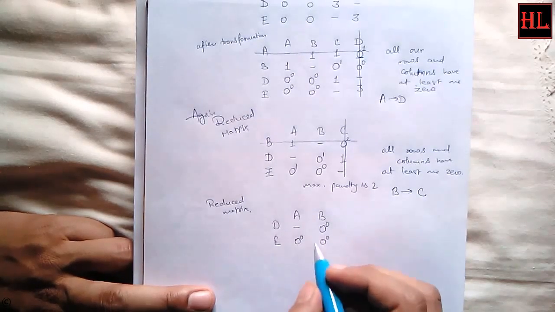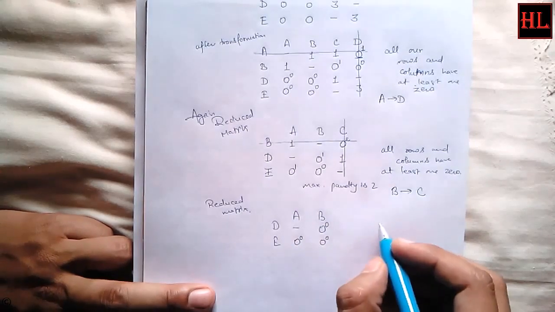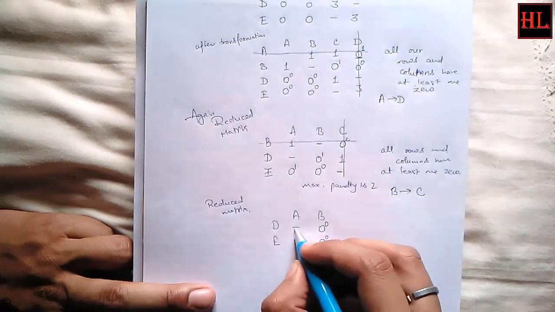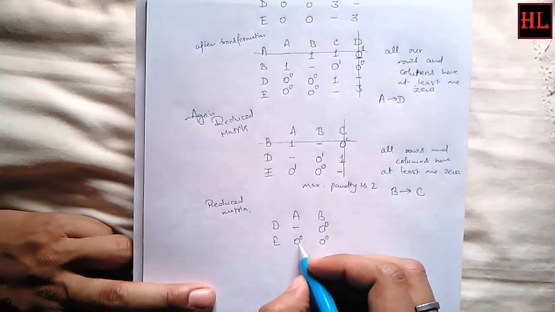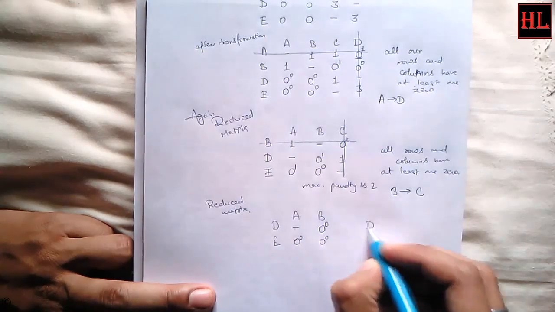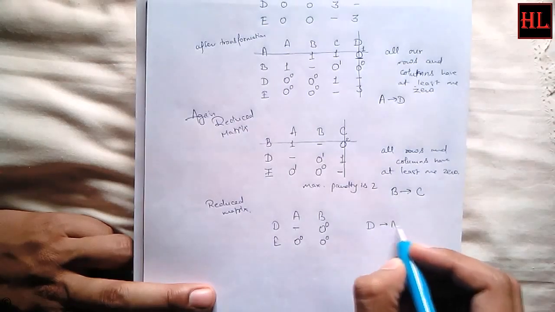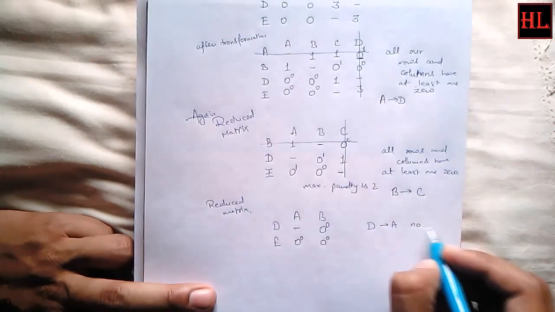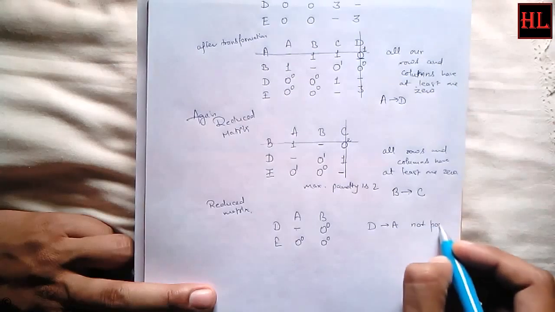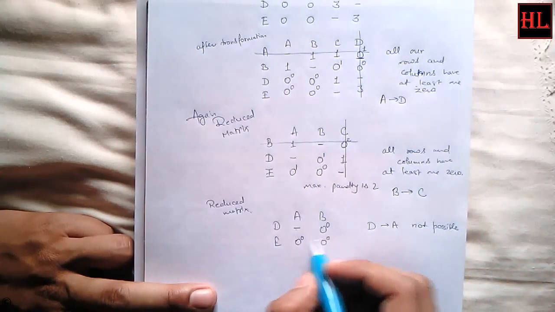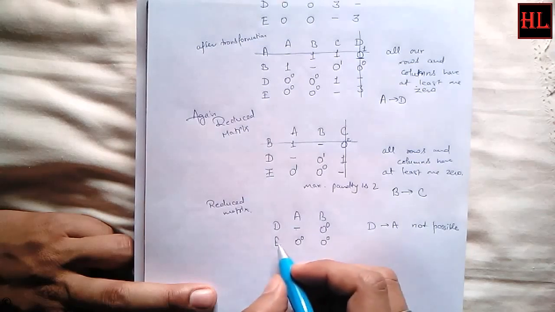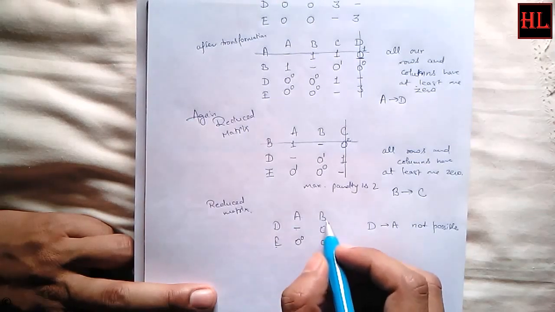So you can see that we cannot make the assignment from D to A, as you can see the dash here. So we cannot make an assignment here. So the assignment from D to A is not possible.